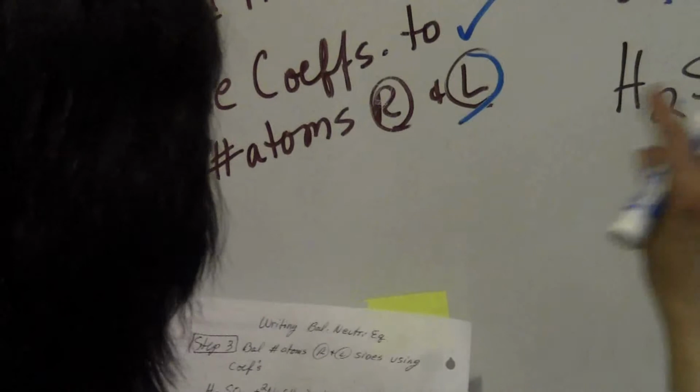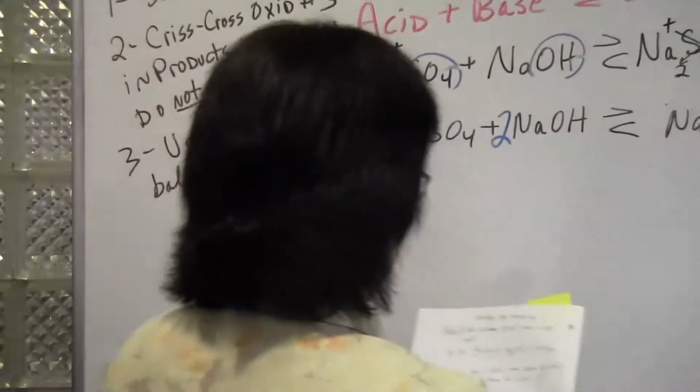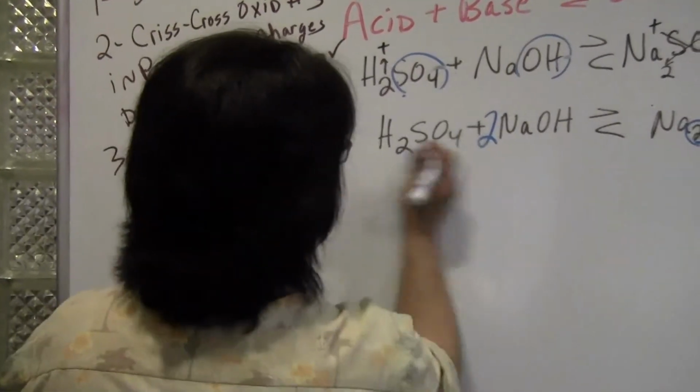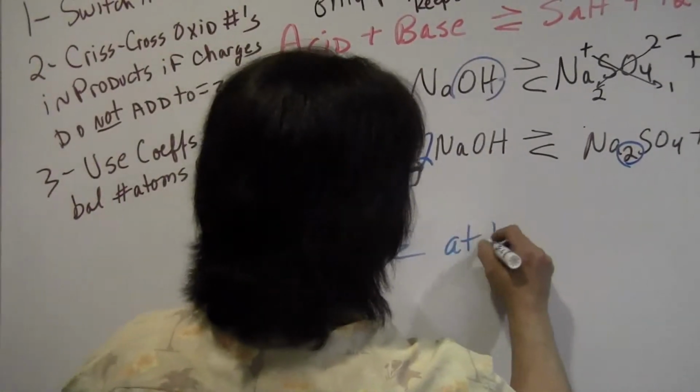So we did step 3, use the coefficients to balance the number of atoms on both sides. That's basically it for how to write a neutralization equation. For any neutralization equation, for any ice chart, at the top, you always need a balanced equation.